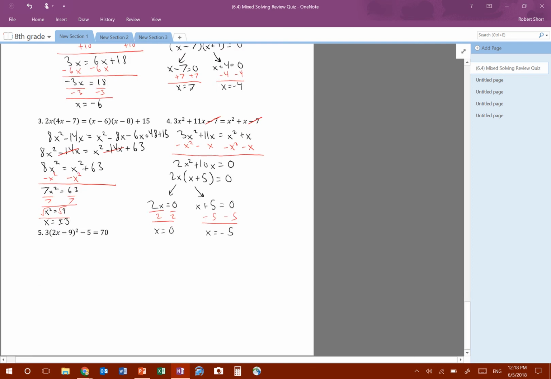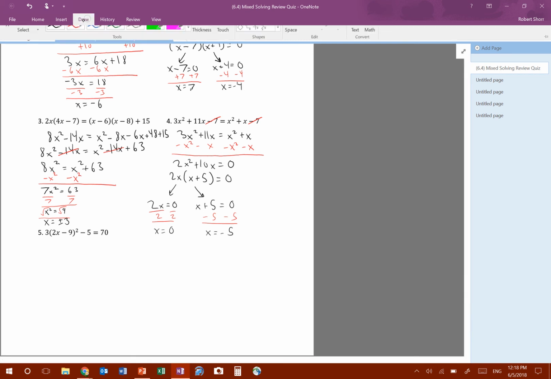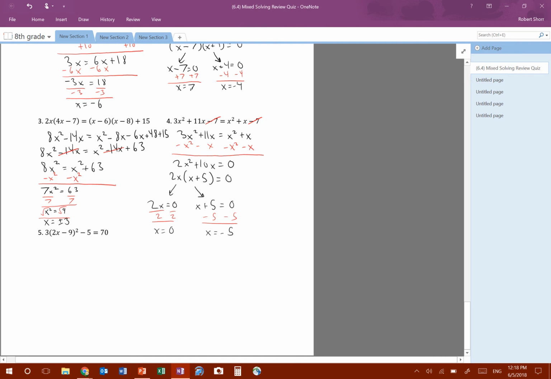Alright, last one. This is the one with a very distinct look. Whenever you have something in parentheses being squared, your first thing you're going to do is get that by itself. First I have to add 5 to each side, which will get me 3 times (2x minus 9) squared equals 75.